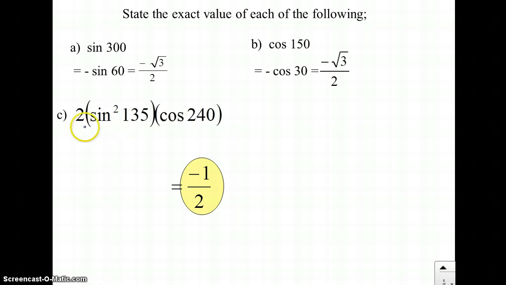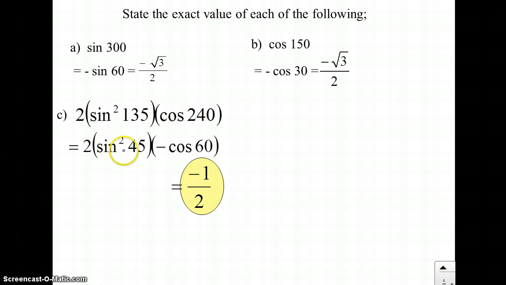So I could rewrite that as 2 times the sine of 45 squared. And the cosine of 240 has a reference angle of 60 degrees. And in quadrant 3, cosine is negative. So I would say sine of 45 degrees squared times negative cosine of 60.